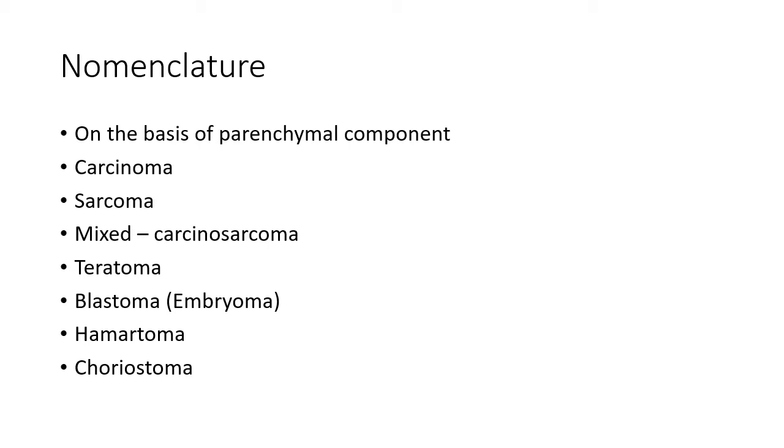Another benign tumor is hamartoma, and this is composed of tissues or cells indigenous to that particular organ, but which are arranged in a disorganized fashion. For example, hamartoma of the lung consists of mature cartilage, smooth muscle, and epithelium, or the tissues which compose the bronchus.